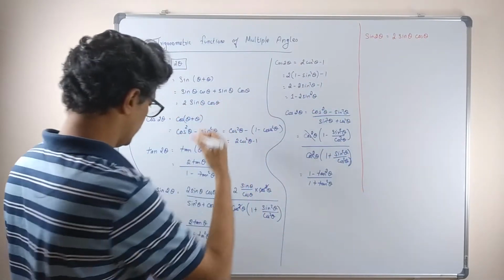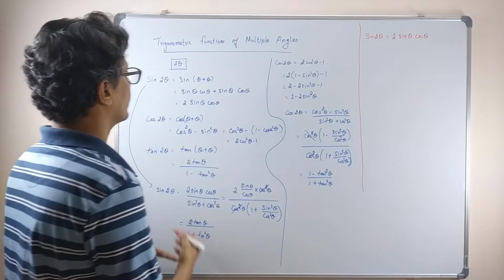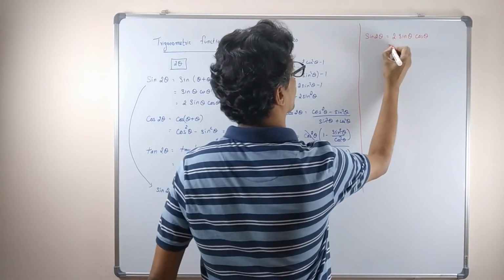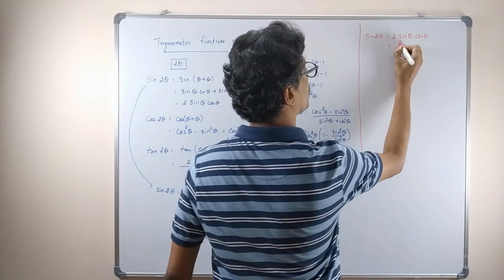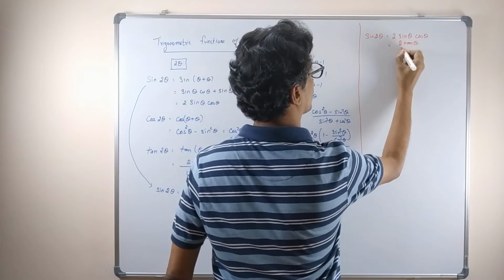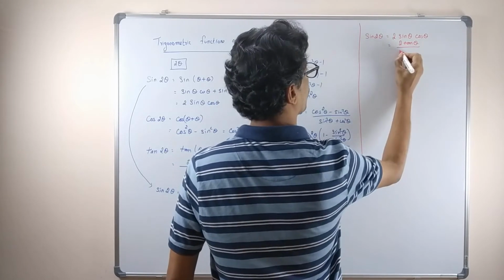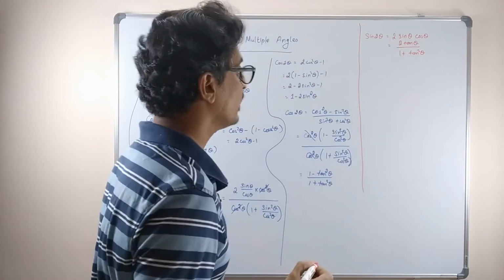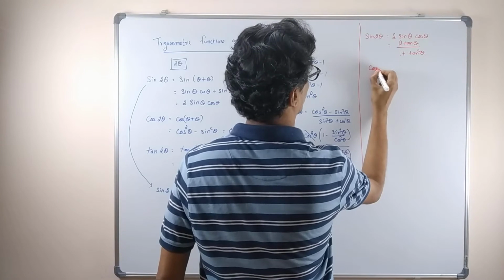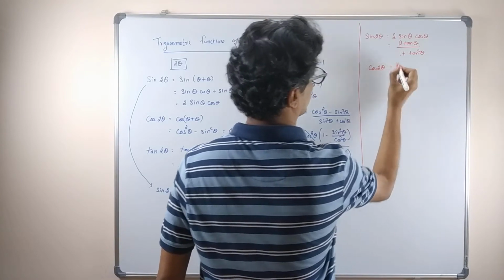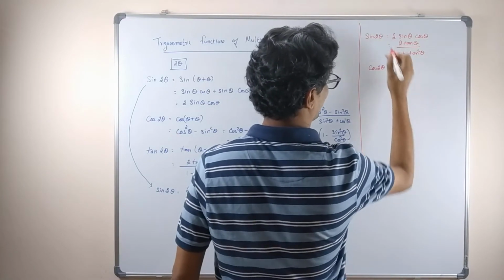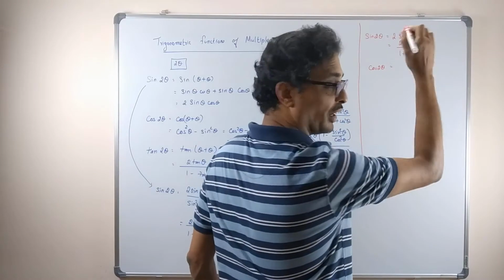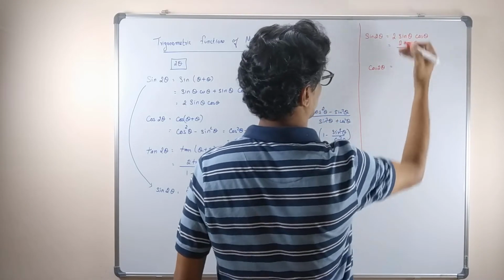And another one is in terms of tan theta: 2 tan theta divided by 1 plus tan square theta. Correct? And then cos 2 theta. This is the first formula. You have to always remember the first one is important. From there you can get all the other things easily.